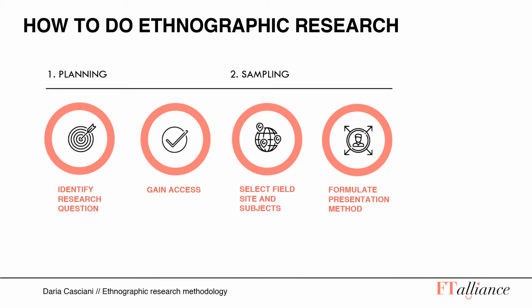So imagine you have to start an ethnographic research. You have to start with planning activities, which have to deal with access and ethics. The ethnographer, so you, will organize the activities to be performed and first of all gain credibility with the initial gatekeepers to a particular community that you want to study.